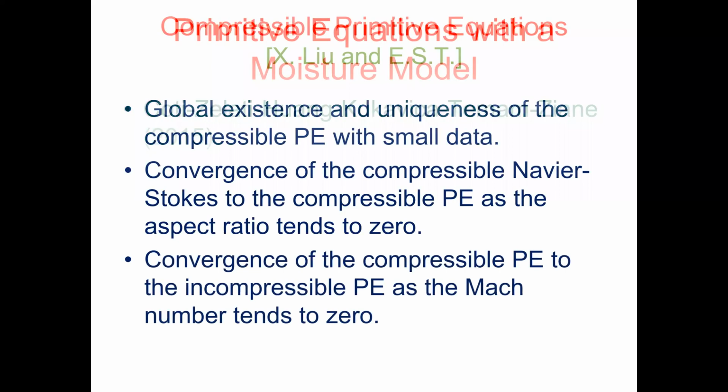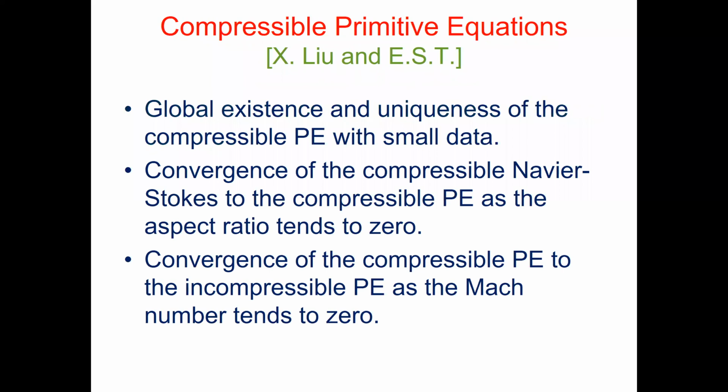Now, because we talk about the atmosphere, and we are toward the end of my lecture: in the atmosphere, many times geophysicists tell us, wait a minute, taking the air to be incompressible is not very realistic.